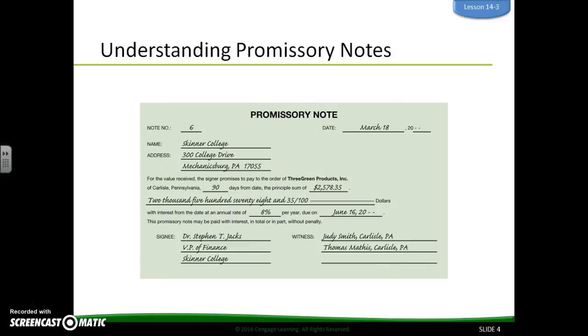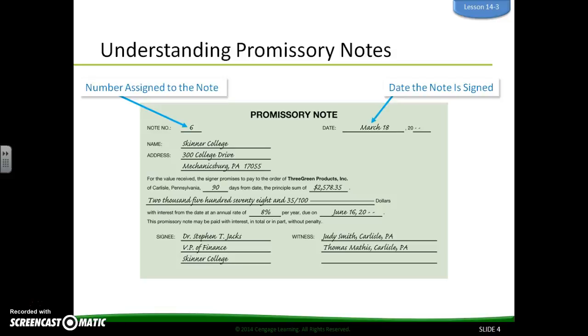Okay, so we're looking at an example of a promissory note here, and we can see this is note number 6. It says, for value received, the signer promises to pay the creditor, the order of Green Products, 90 days from the date, the principal sum, $2,578.35.